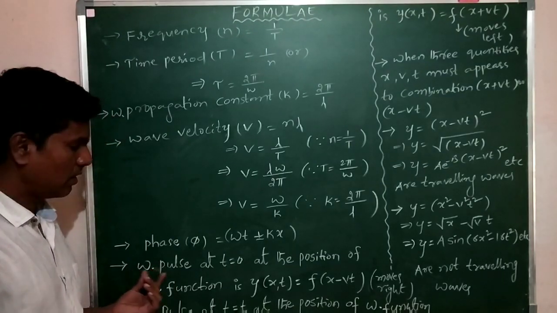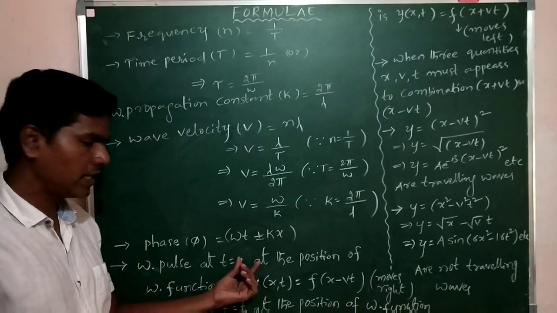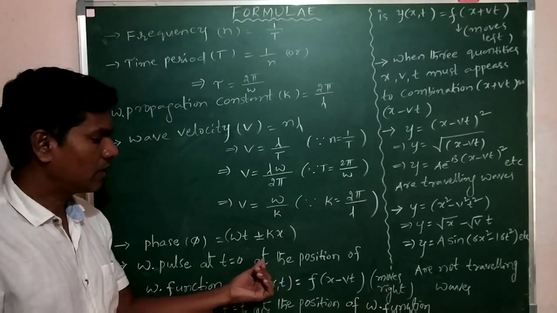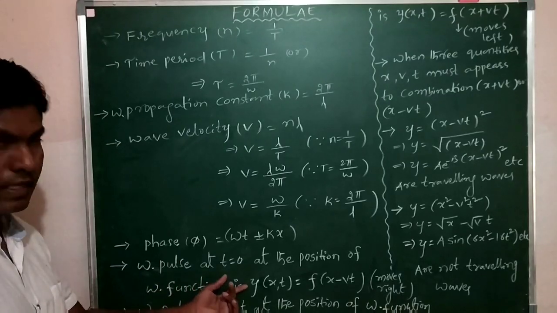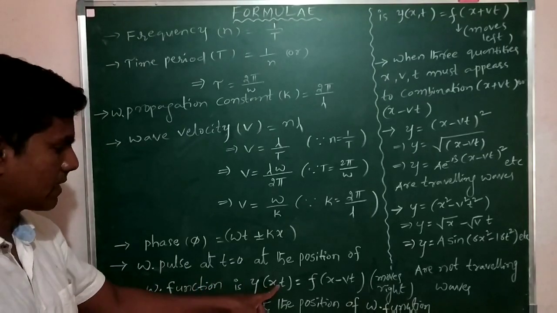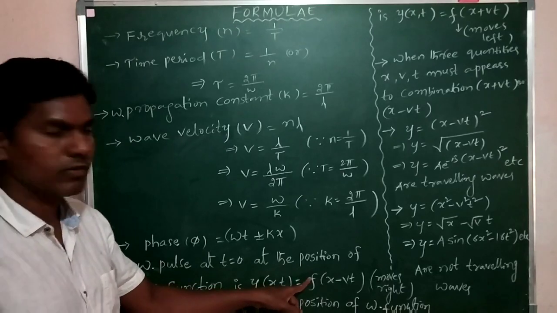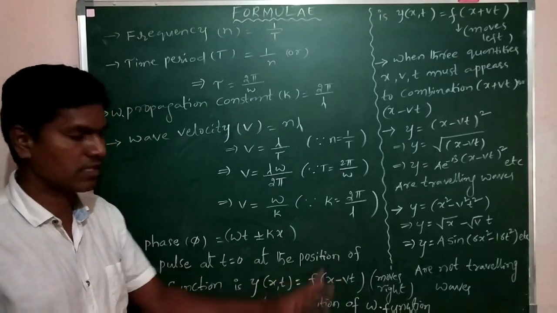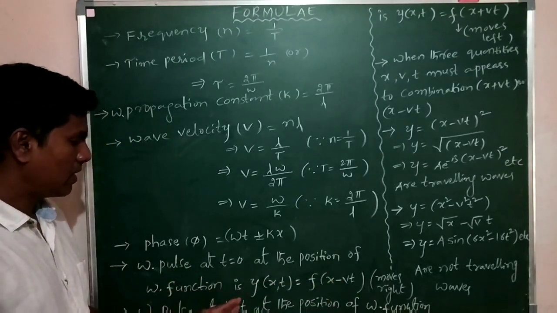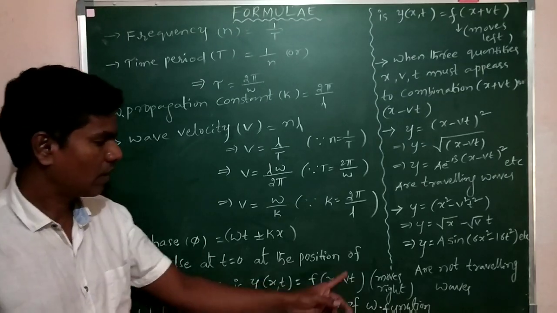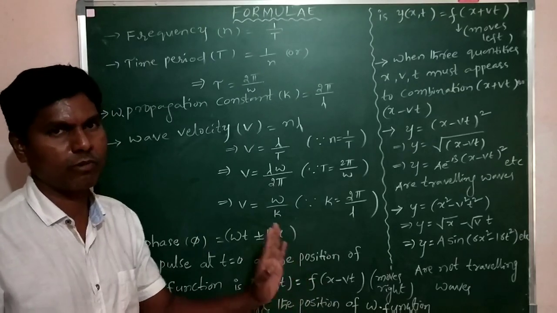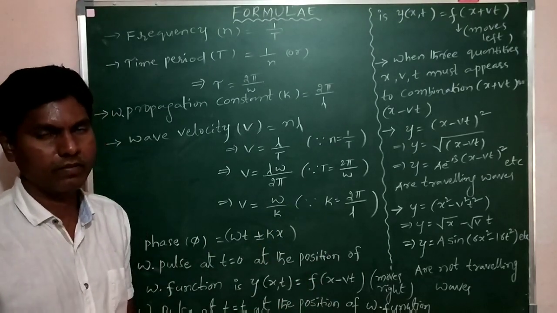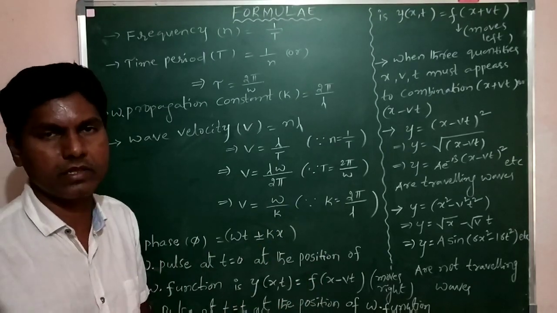Wave pulse at t equals 0: the wave function at position x is y(x, t) = f(x − vt) when it moves to the right, meaning the wave pulse moves in the forward, positive x direction.